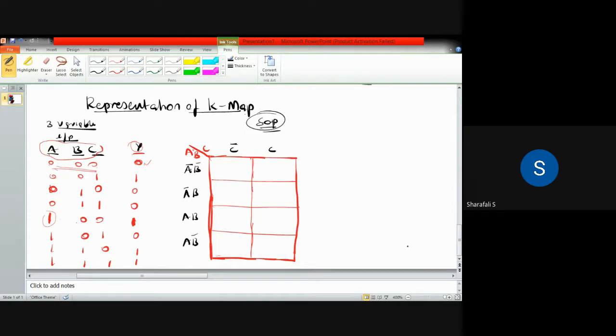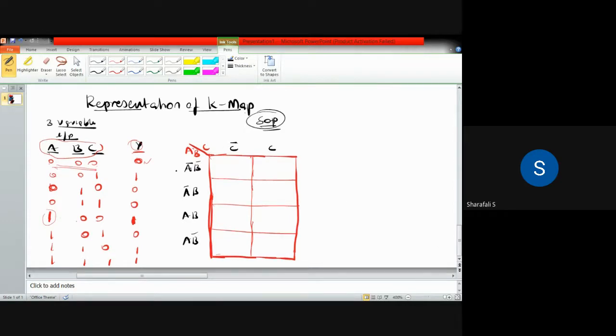Now, if you fill all those values inside these cells, you can easily see that the first cell is nothing but A bar, B bar, C bar. So what is A bar, B bar, C bar in this truth table?